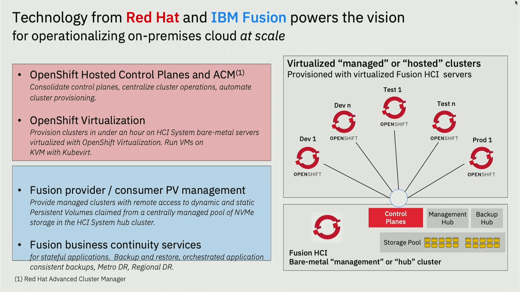In the bare metal hosted control plane we use what we call ODF provider mode, so that we have the equivalent of OpenShift Data Foundation, except that it is through Fusion. That way all of the hosted clusters can consume storage in that bare metal control plane. So your hosted clusters become clients of a bare metal storage cluster. That's the way we do it.